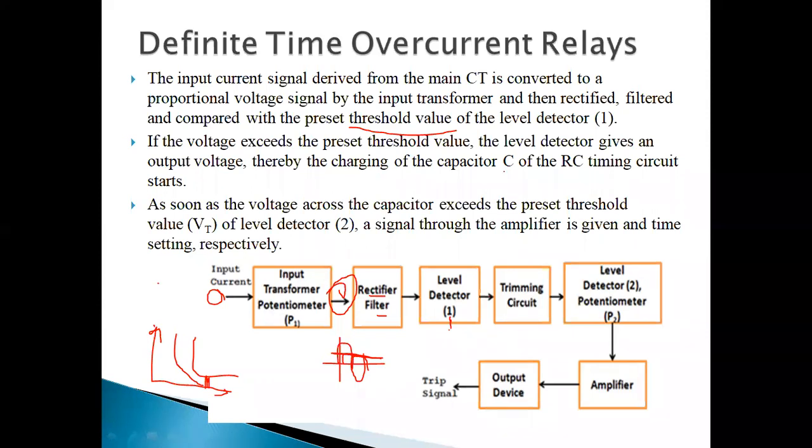So thereby the charging of the capacitor C of the RC timing circuit starts. The charging of the RC series circuit will start here, and it will take some time. If this voltage exceeds level detector 2, then the output will be given to the amplifier, its value will be amplified and given to the trip signal.